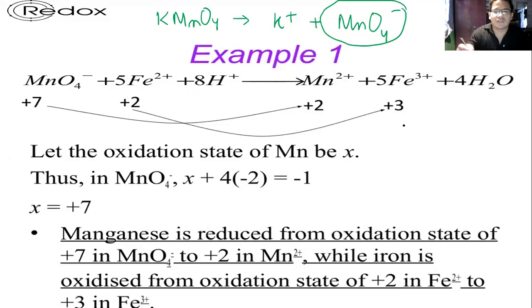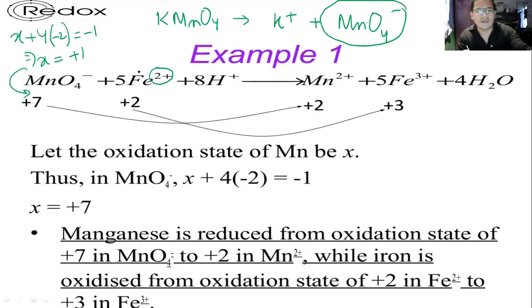There is a change in the oxidation number. For manganese, x plus 4 times minus 2 equals -1, so the value of x is +7. Iron has a charge as per rule number 8. Hydrogen is +1.